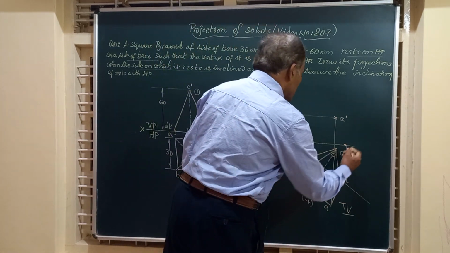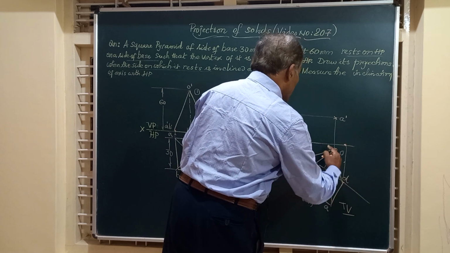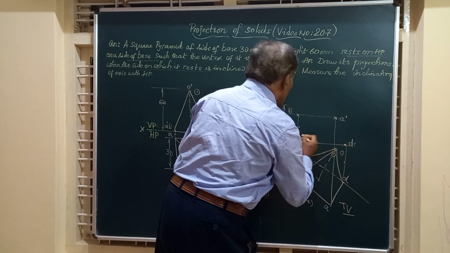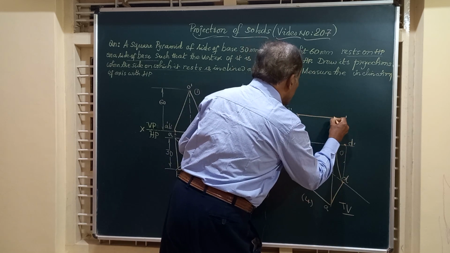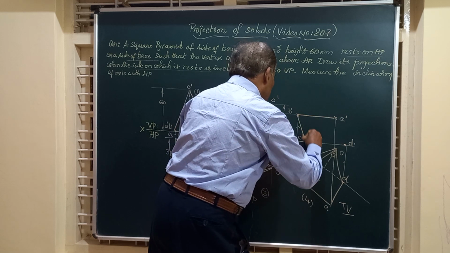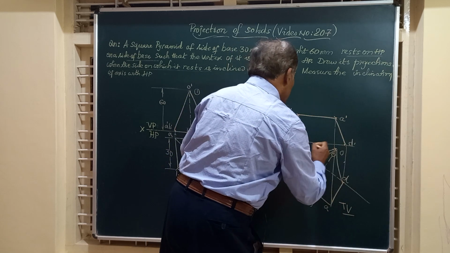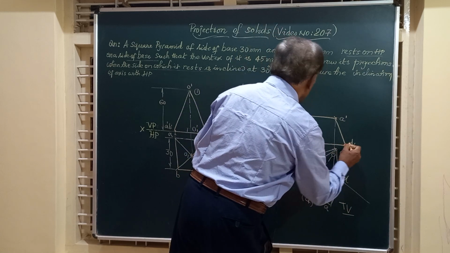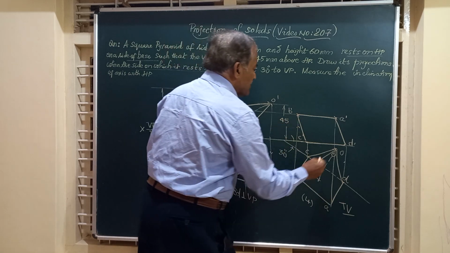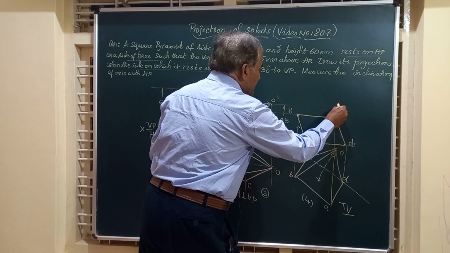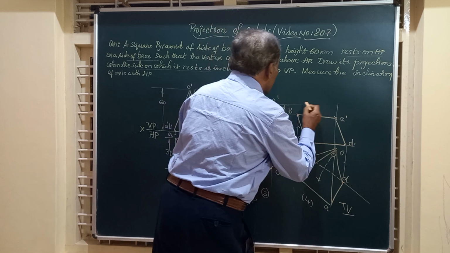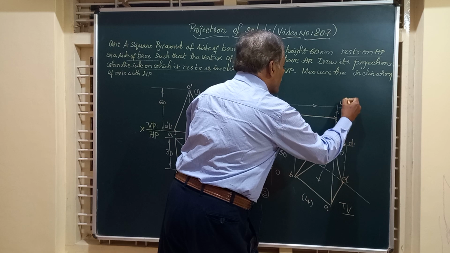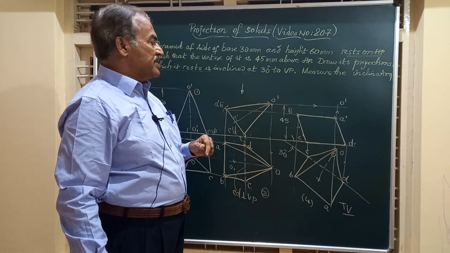So, I am going to join A to B, B to C, C to D, and D to A. Finally, the vertex of the solid is here. So draw a vertical line from here, a horizontal line from here. The point of intersection of these two will give you O dash, the front view of the vertex.